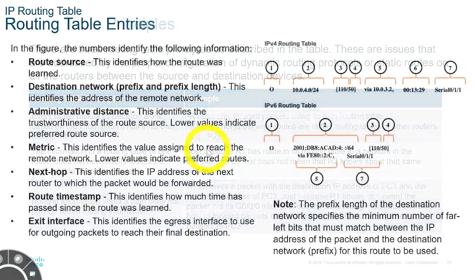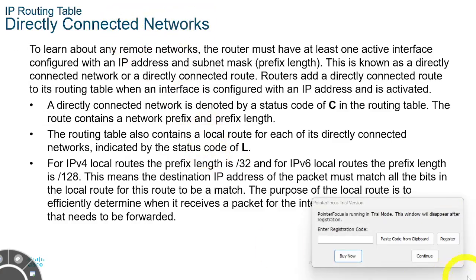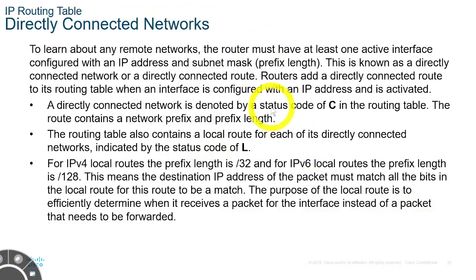We will now explain what a directly connected network is. Whenever you configure a router with an interface and an IP address and you bring the interface up, this means that you are directly connected.